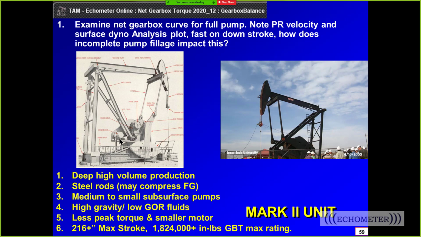The disadvantage is the fast downstroke, and if you have incomplete pump fillage, then it even increases the speed on the downstroke, which is going to cause additional rod on tubing wear. So I'm not a big fan of Mark units unless I can keep the pump full of liquid, because that's going to increase your rod on tubing wear in my view.